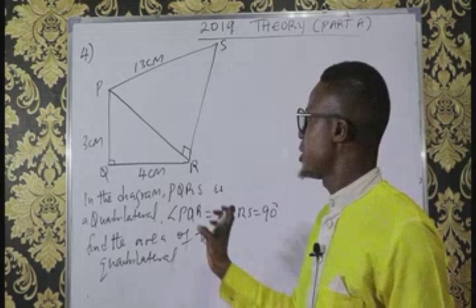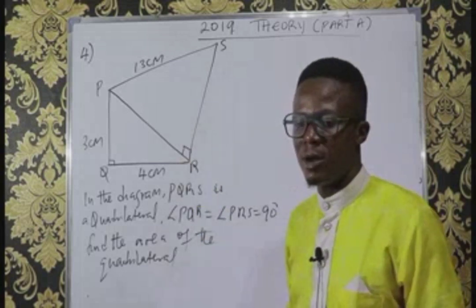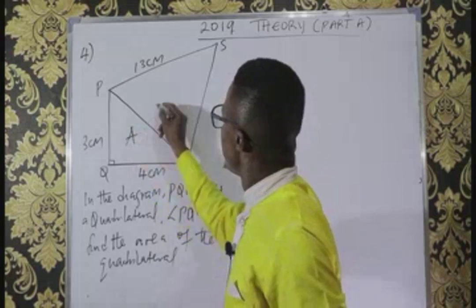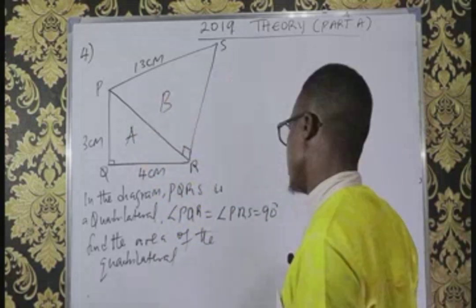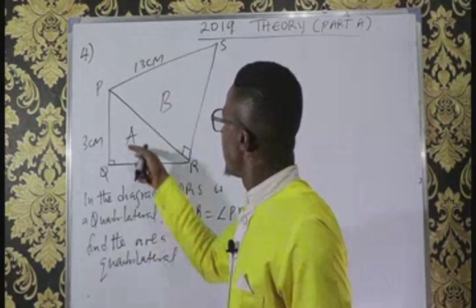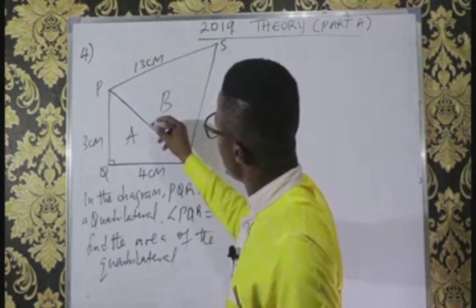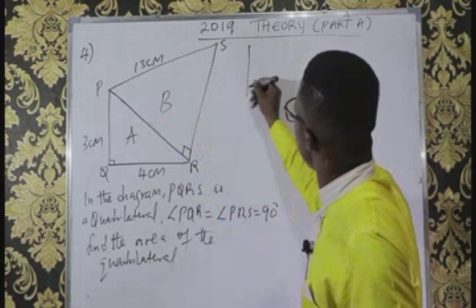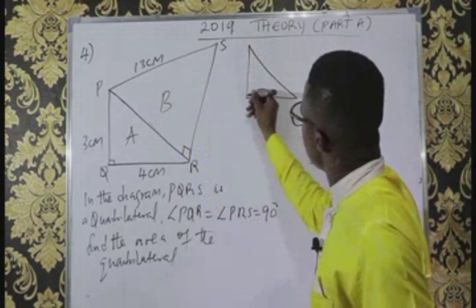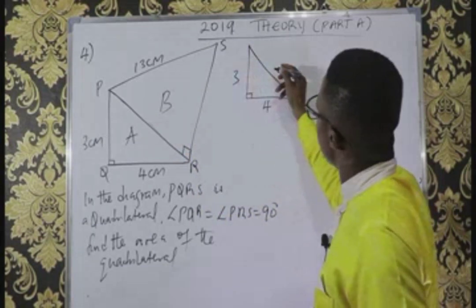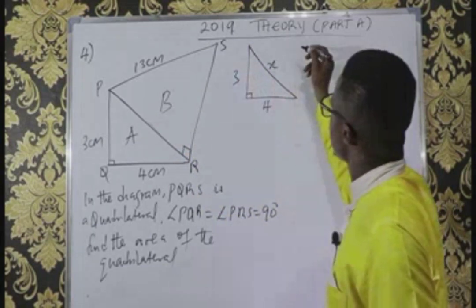So there is no straightforward formula for calculating the area, instead we consider the quadrilateral as consisting of two triangles. So I need to get the hypotenuse of this first triangle here. So I can bring out the first triangle like this. So that here is now 4, here is 3. I don't know here, let me call it x.